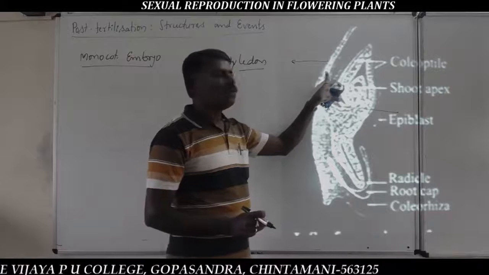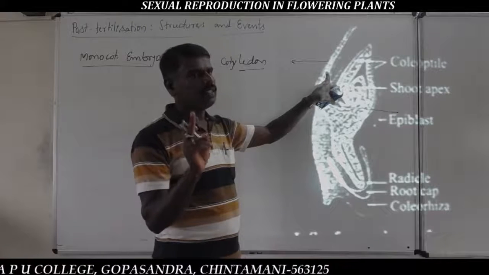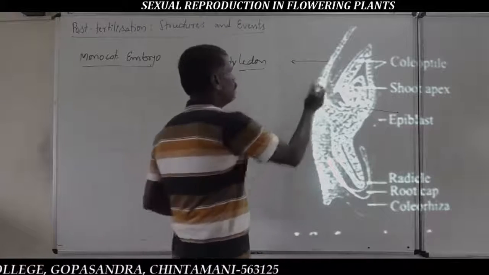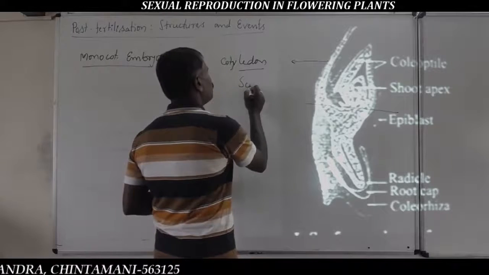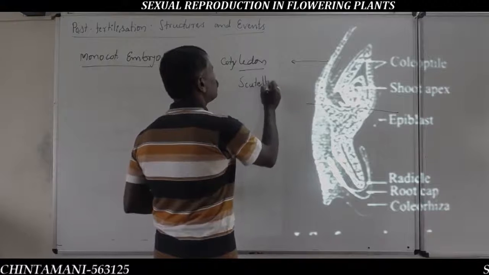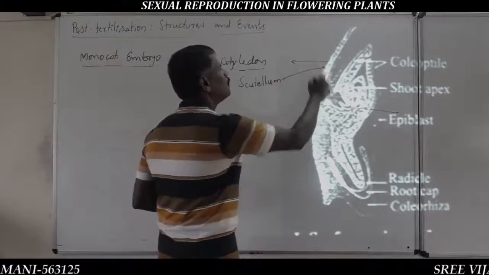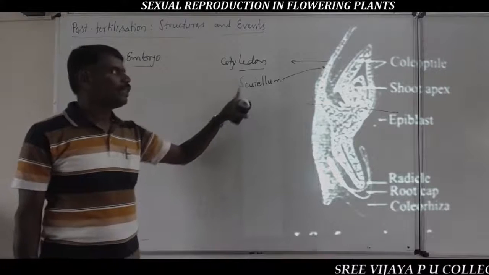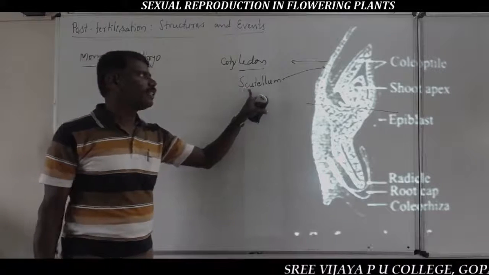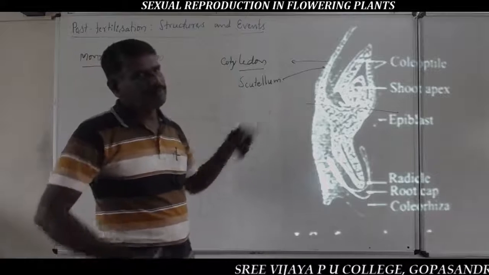Here only one cotyledon is present in the monocot embryo. This single cotyledon of the monocotyledon embryo is called the scutellum.